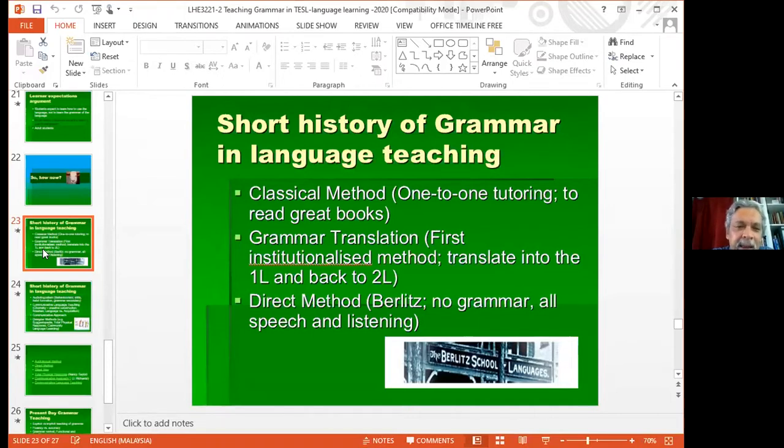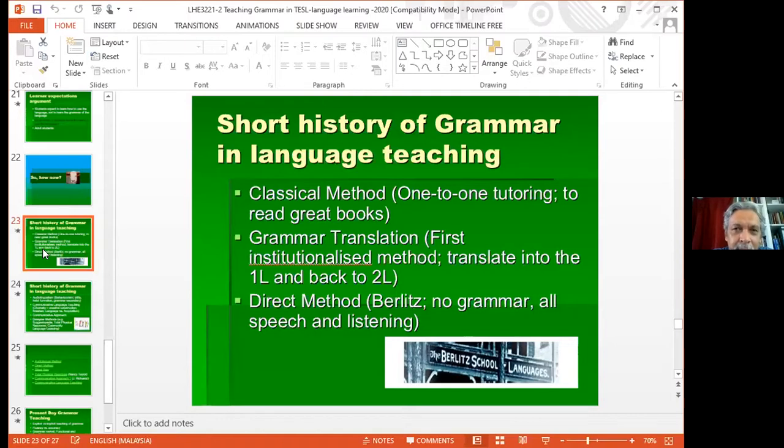When people do not understand what they are reading, then the tutor, because it's one-to-one tutoring, will help to explain this. Of course there will be some emphasis on grammar, but more on understanding.